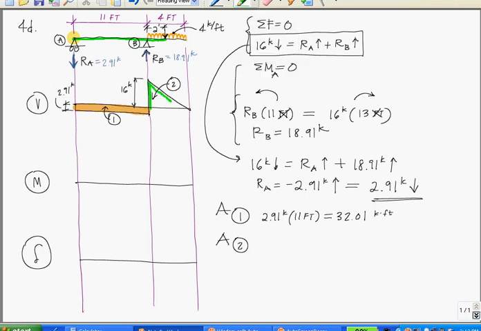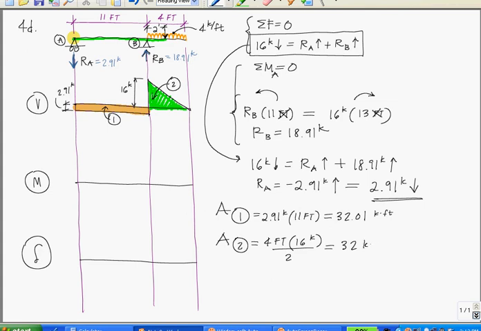Area 2 is a triangle, and the formula for the area of a triangle is base times height times 1/2. So our base is 4 feet, looking at the load diagram. Our height is 16 kips, and again, since it's a triangle, we have to divide by 2. 4 divided by 2 is 2, times 16 is 32.